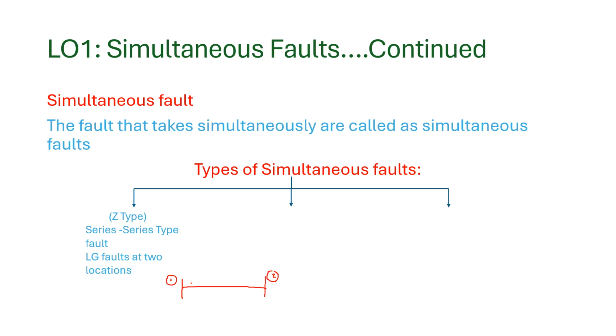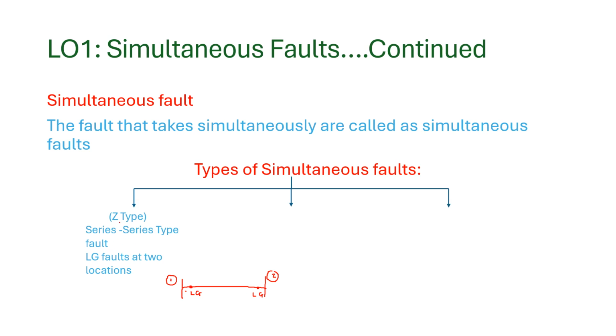Suppose at the sending end we have an LG fault and at the receiving end we also have an LG fault, and these two faults take place at a time simultaneously, then we say that it is the Z type of fault. It is also called the series type of fault.